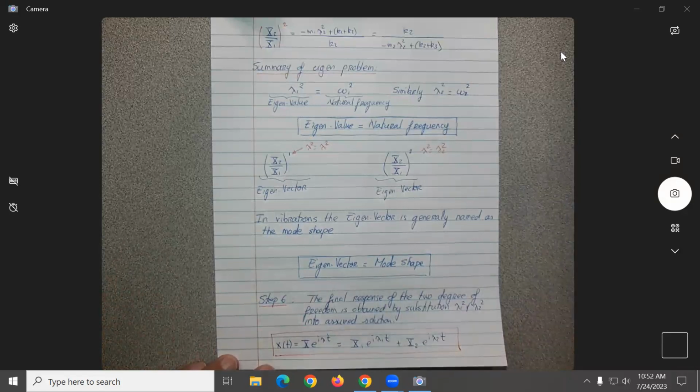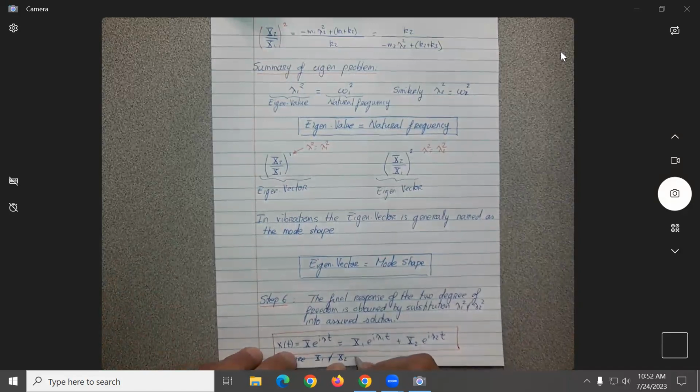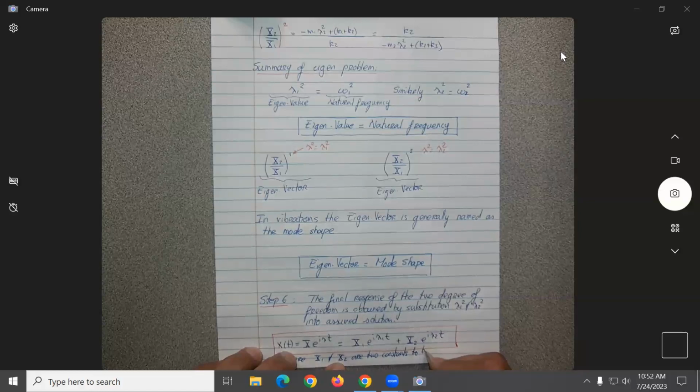Okay, and here I'm just doing an example where X1 and X2 are 2 constants to be determined from what?